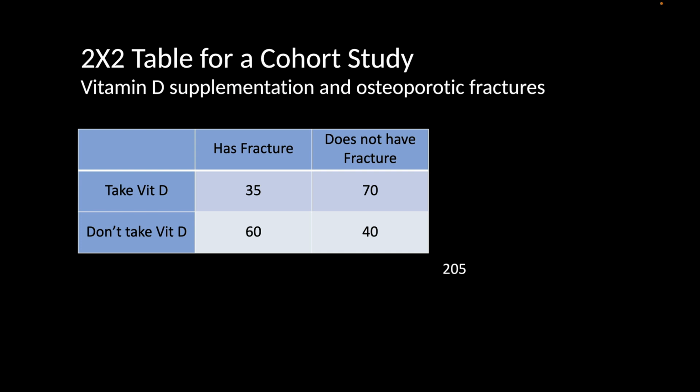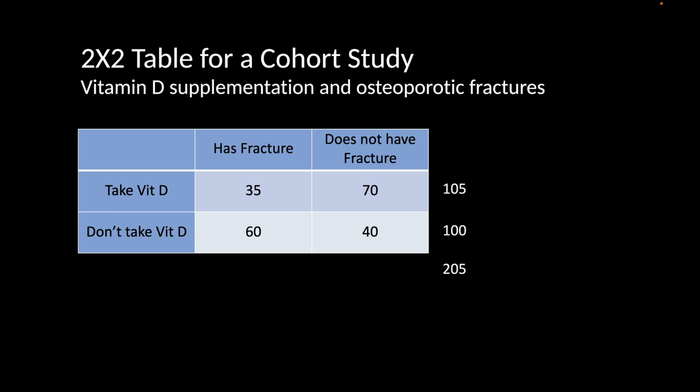And let's say I take a cohort of 205 people without osteoporotic fractures, and I measure who takes vitamin D and who doesn't take vitamin D. And I find that I end up with 105 people who take vitamin D at baseline and 100 people who do not. And I find that there's 35 people who have a fracture in the vitamin D arm and 60 who have a fracture in the no vitamin D arm of my trial.